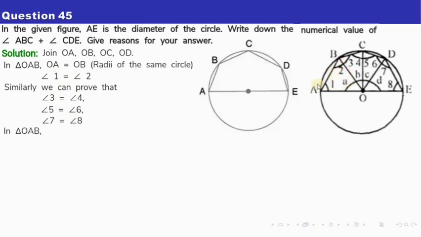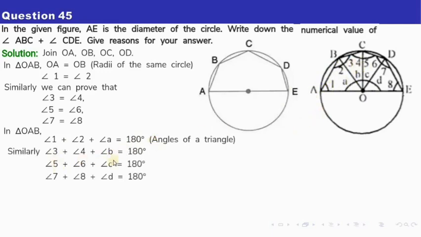All right. Now let us again go back to our triangle AOB. We have the sum of the interior angles as 180 degree, right? So similarly, in another triangle also, the sum of the interior angles will be given this way. So this is for the second triangle. This one is for the third, and this one is for the last triangle. All right. Now let me add all of these.